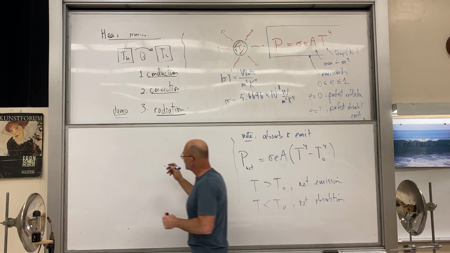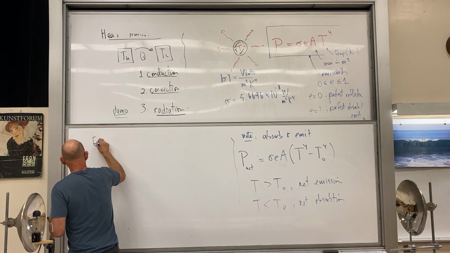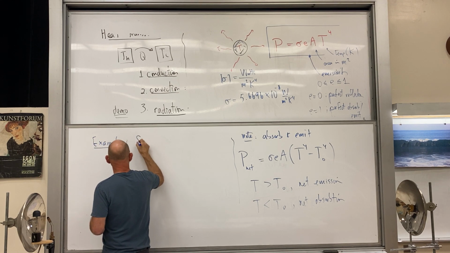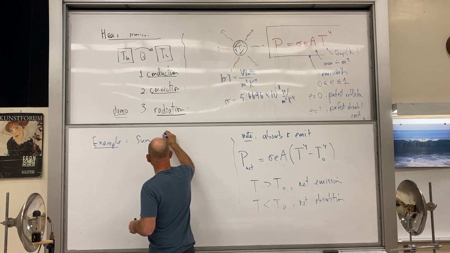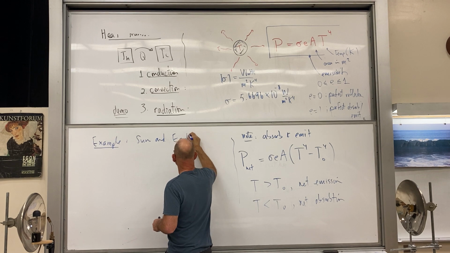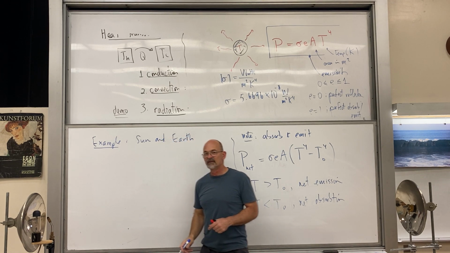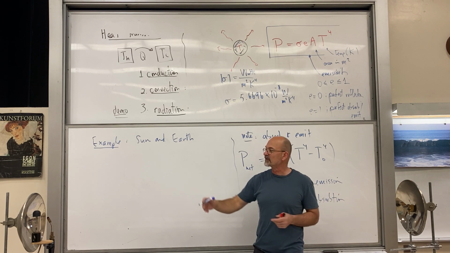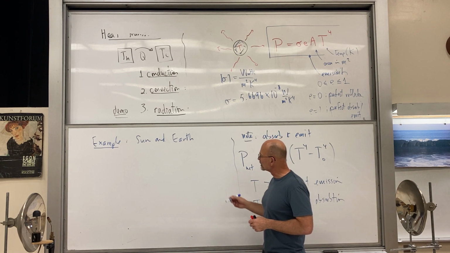I want to give this example of the sun and Earth. Because, like I said before, the radiation from the sun is definitely coming across empty space, across a vacuum, and this is the law we're talking about.